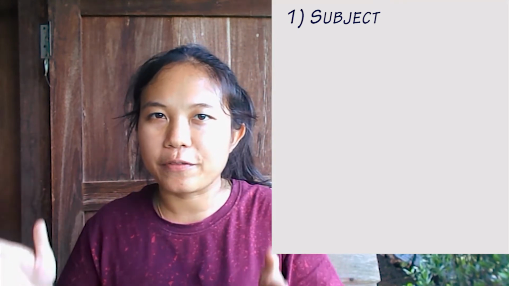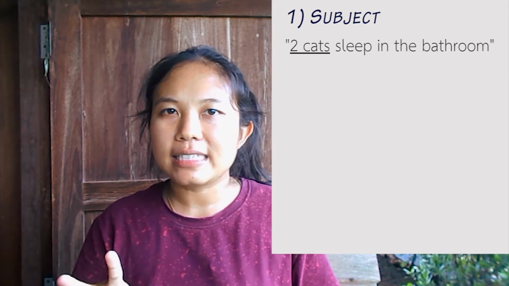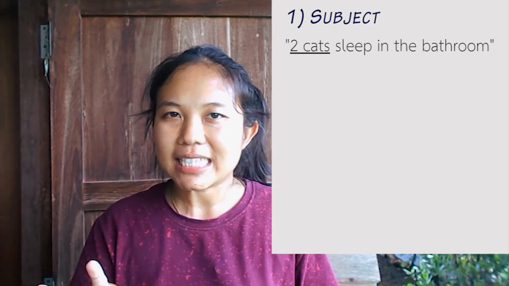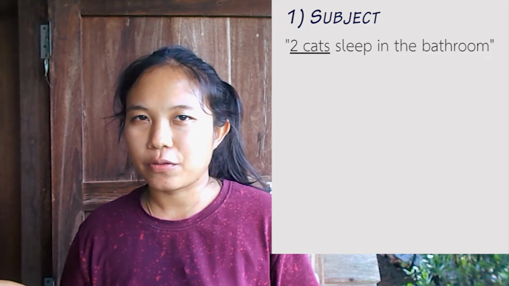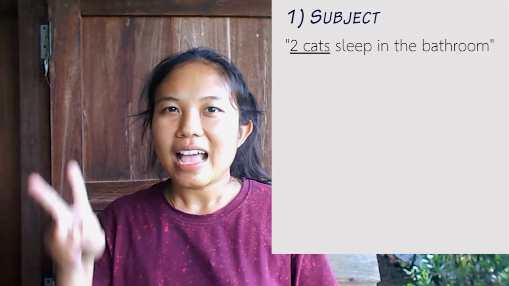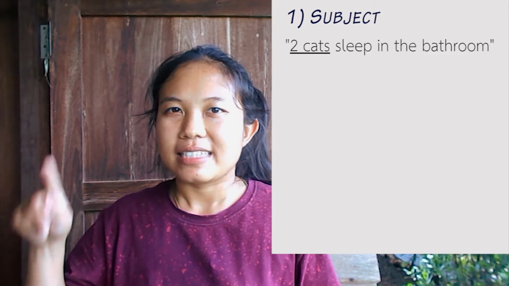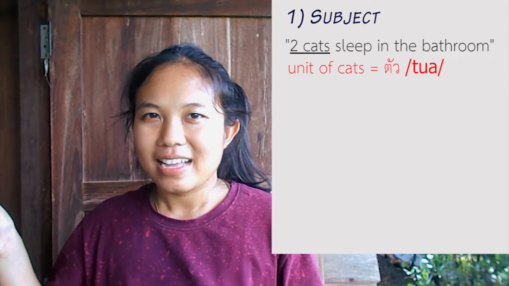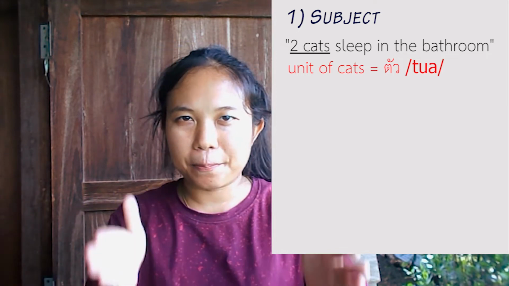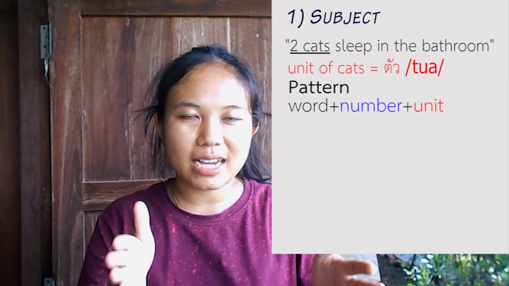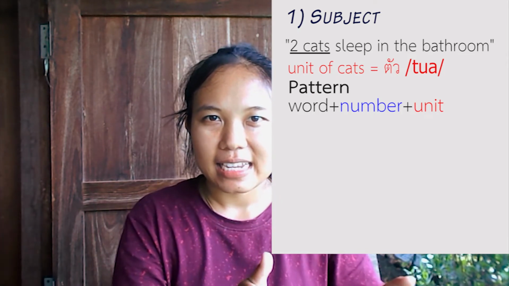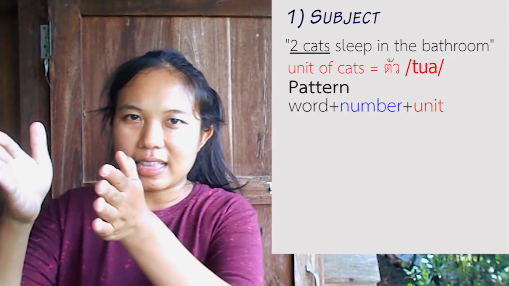For example, if I say 2 cats sleep in the bathroom. You have to remember that cat has the unit that is ตัว. And then you have to remember the pattern that we studied earlier, that is the word cat and then the number and then the unit.